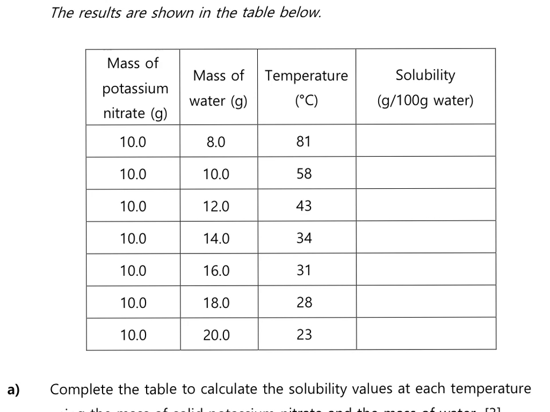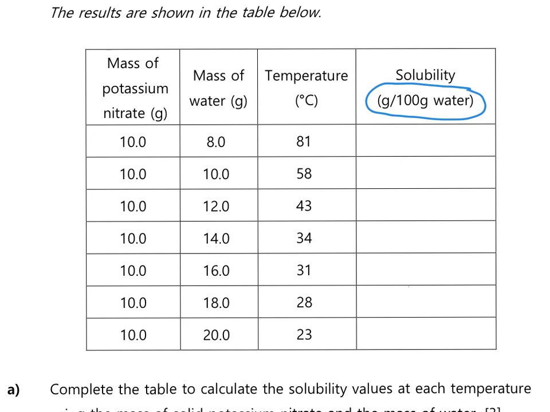But here what they've done is they've kept the mass of solute constant, and they've used a different mass of water each time. In order to be able to compare these solubility values, they need to be in the same unit, in grams per 100 grams of water, not 10 grams per 8 grams, 10 grams per 10 grams, 10 grams per 12 grams. That wouldn't make much sense.